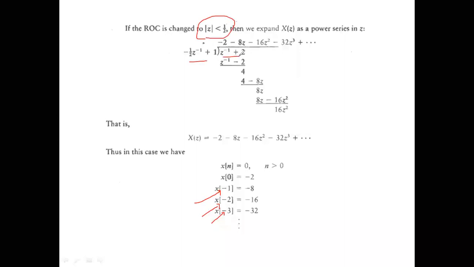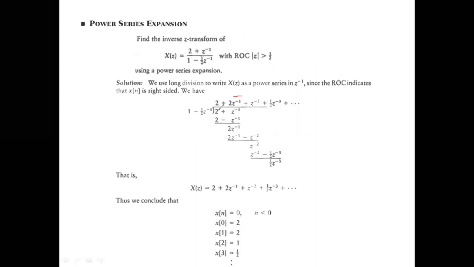If we write the divider and dividend in this manner, we get the values in positive powers of z, so that we expand it as a left-sided sequence, whereas if we want it in negative powers of z, that is a right-sided sequence, then we have to write the constants first, and then go for the division.